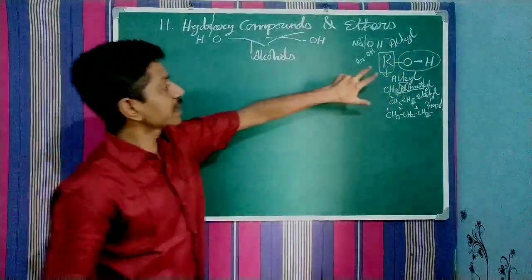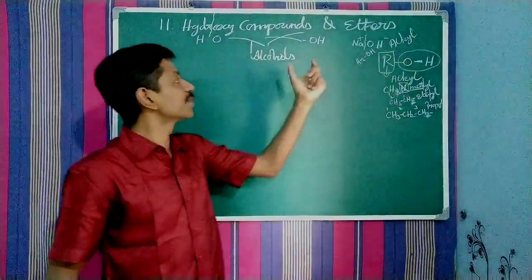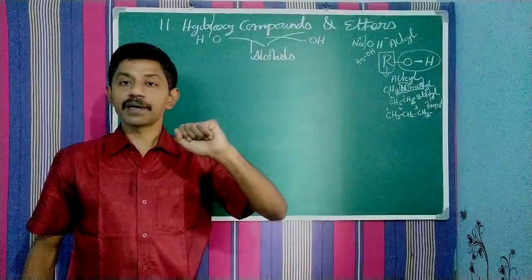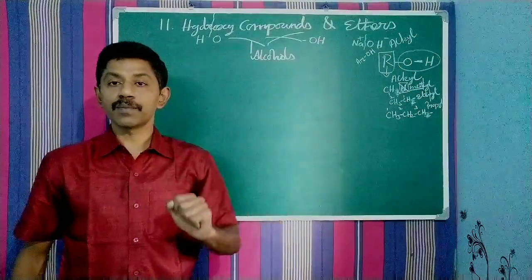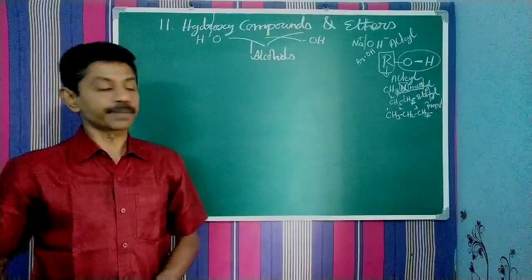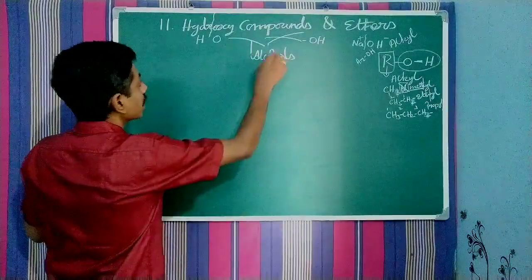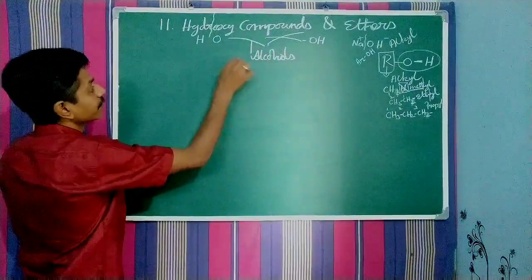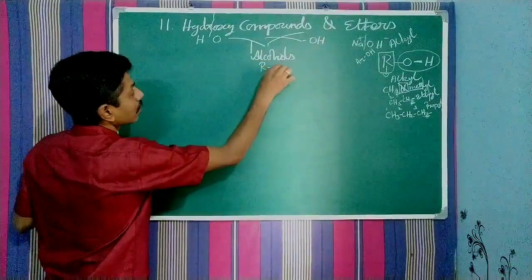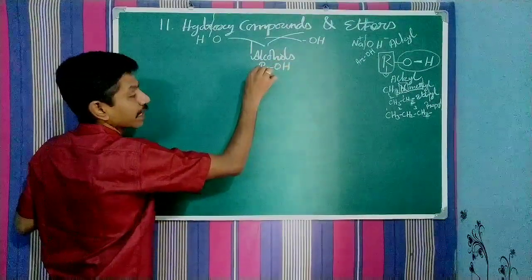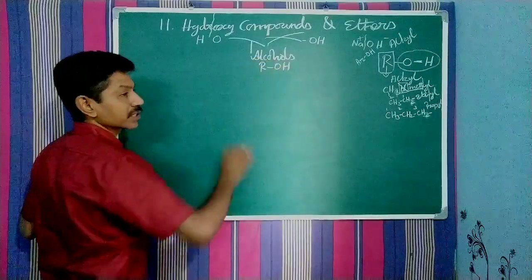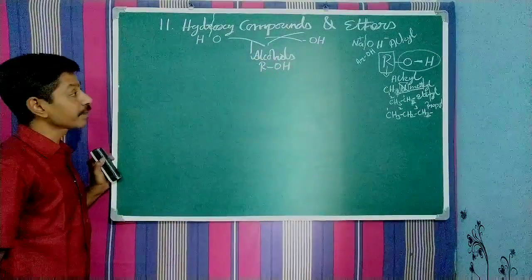Now, with this basics, the naming part and understanding the compounds will become easier for you. That means, in alcohol, the general formula they give is ROH, alkyl with the hydroxyl group.